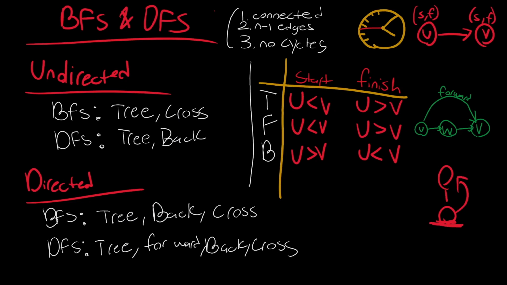So our destination is going to be larger. So let me just draw it here on the side. So V, this was in the past. And U is going towards it, back. So this was past, so like already visited.